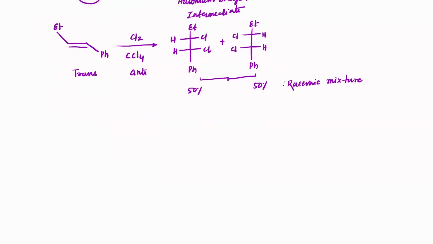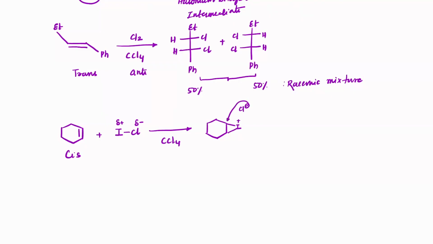The same type of question, if I ask you in interhalogen form, like this is a cis form, and then I'm adding I and Cl here, let's say ICl in the presence of CCl4, then first you need to check which one is more delta positive and delta negative. So this iodine is more delta positive, so that will make a halonium bridge, and then Cl minus will attack on it.